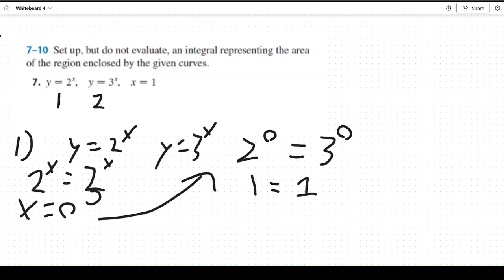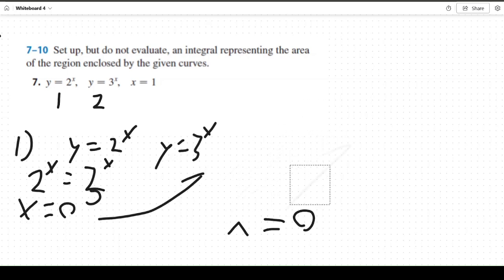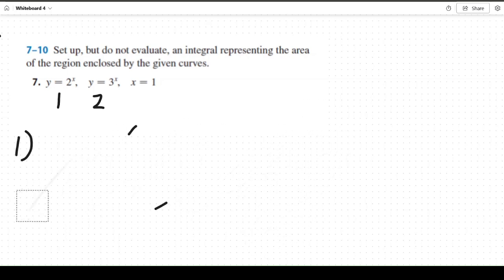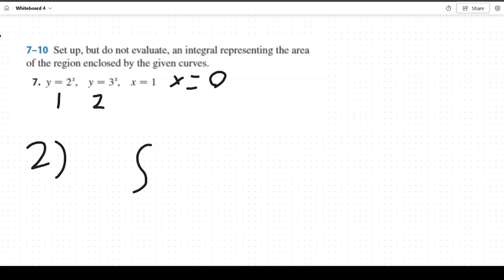So x equals 0 is the other value. Now we have to set up our integral. So we have x equals 0, and we've got two functions, 0 to 1.